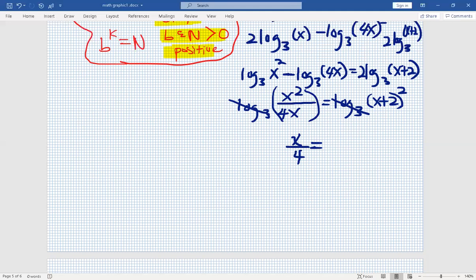And if you multiply this out, you get x squared plus 4x plus 4, right? Oh, wait a minute. I did something wrong.